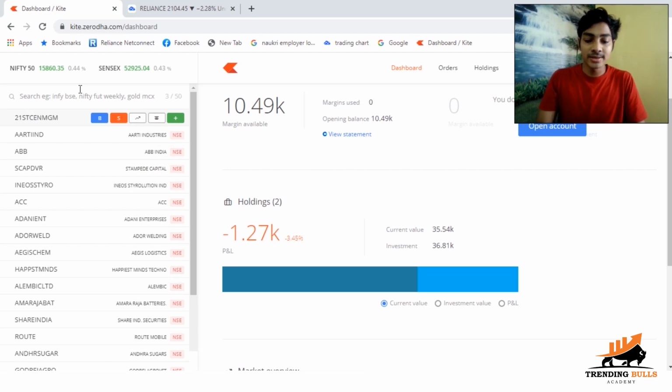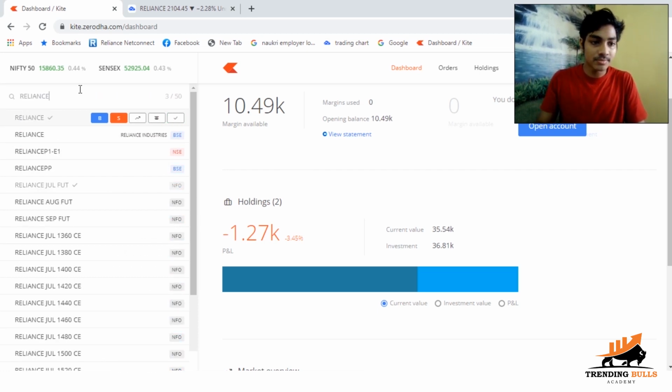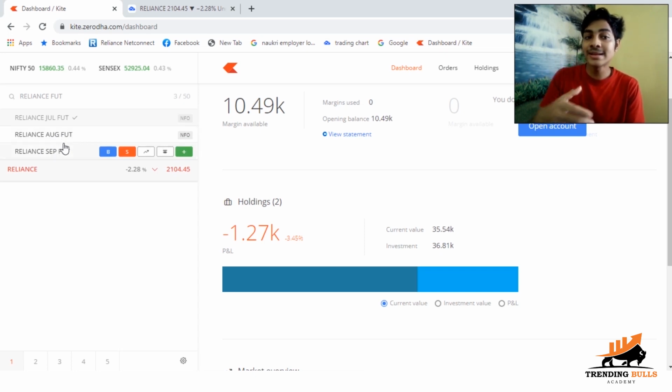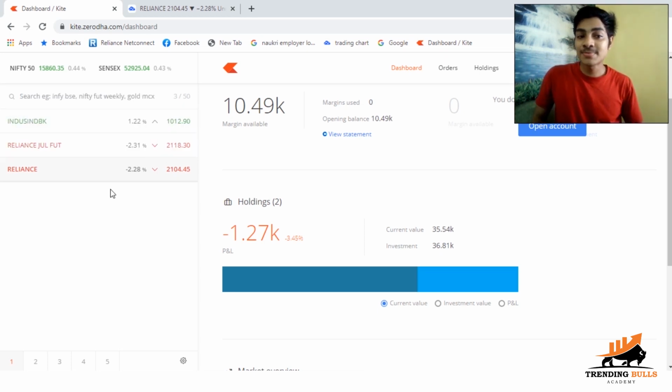If I type here Reliance future, you can see it's showing me 3 futures. The first one that I've already added is the July future, the second is August, and the third is September. So you will get futures of the current month, next month, and the month after. Now what is this expiry and when does it expire?